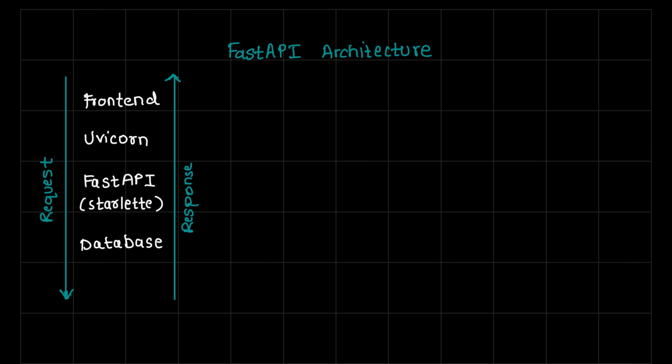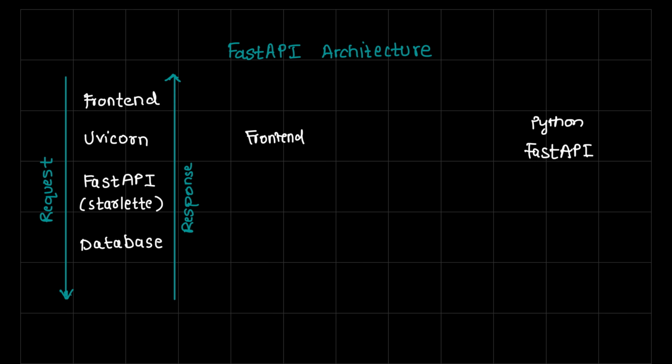So see what happens in FastAPI. This is your actual FastAPI code. Let's say you have written your routes, business logic, validation, authentication, all that. This is your actual Python FastAPI backend code. And this is your front end or client.